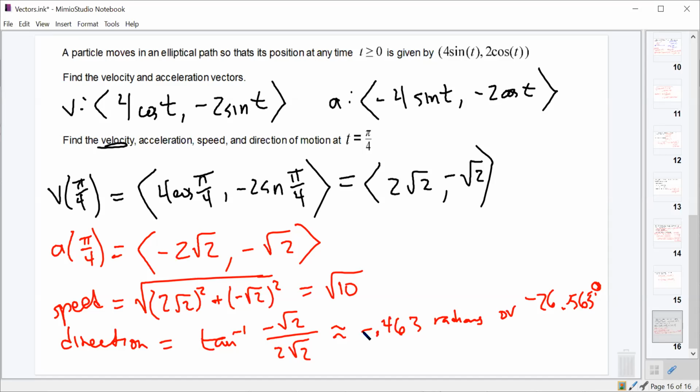Yeah, 333.435 degrees, do 360 minus it, or 2 pi minus the 0.463, which, I don't know, what does that come out to be? 5.820 sounds good to me. Any questions or issues with that?